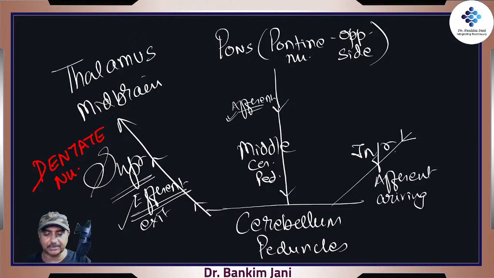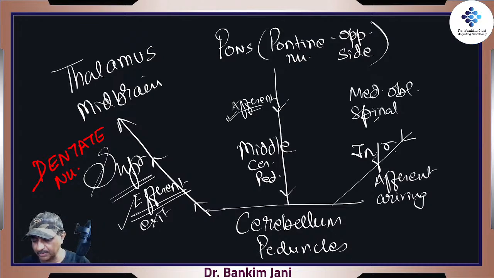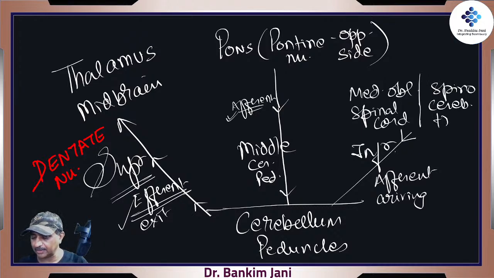The structures below the pons are none other than the medulla oblongata and the spinal cord. And in this, yes, you are right, the spinocerebellar tract. Let's be specific: this is the posterior spinocerebellar tract.